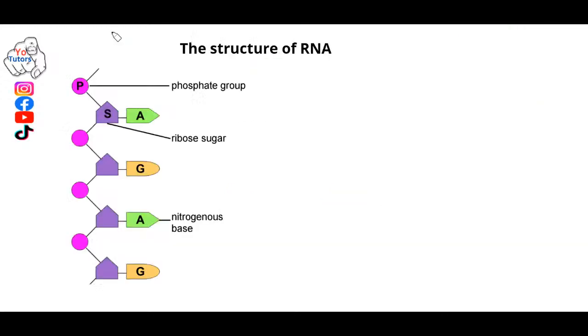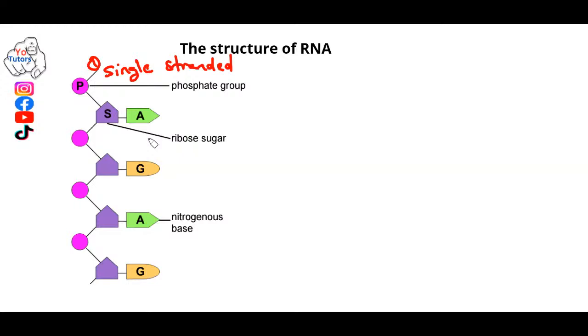Okay. Now, let's move on to the structure of RNA. As you can see, it is different from the DNA, where you see two strands connected together. But in this case here, we are saying RNA is single-stranded.